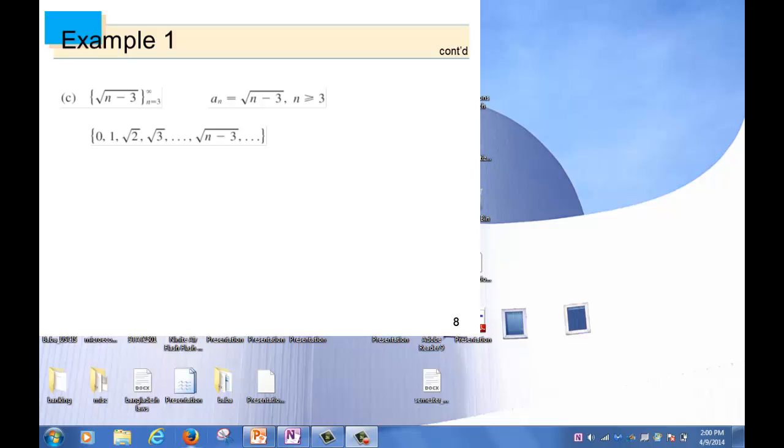2. But some of you would probably try to say, well, I should plug in 5 here, right? But if you plug in 5 here, you actually get root 2, right? The thing is, if you start at 1, then if you just plug in 5, then it will be the fifth term. But because you're starting at 3, when you plug in 5, you're actually getting the third term, right? You see that? If you start the sequence at 1, then if you plug in 5 in the general formula, you get the fifth term.